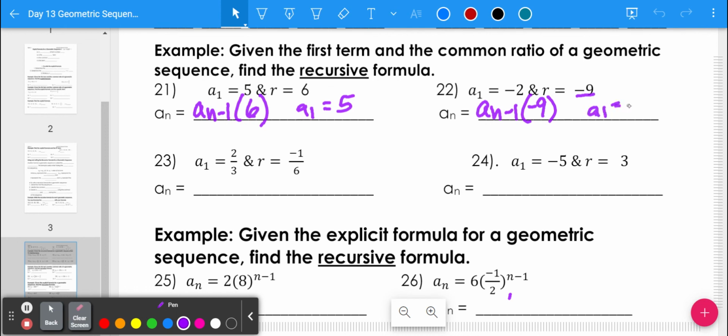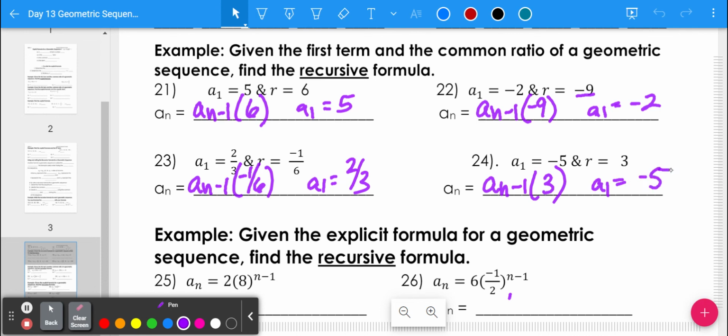And my first term is negative 2. For 23, a sub n equals a sub n minus 1 times negative 1/6. That's my common ratio. My first term is 2/3. For 24, a sub n equals a sub n minus 1 times 3. And my first term is negative 5.